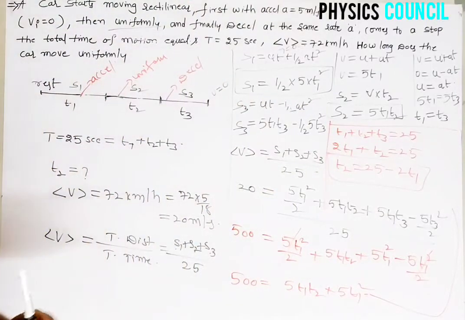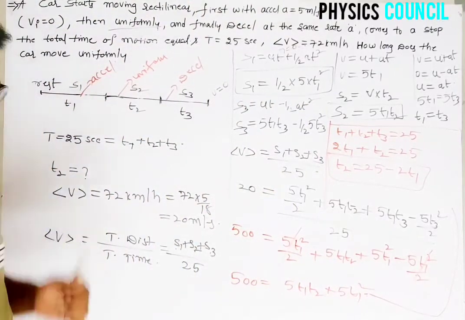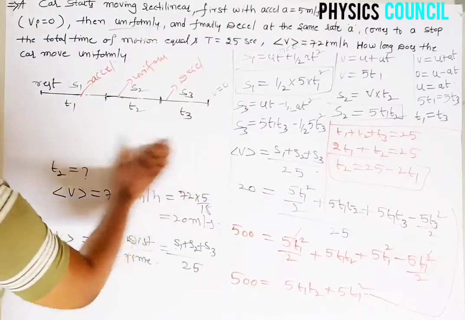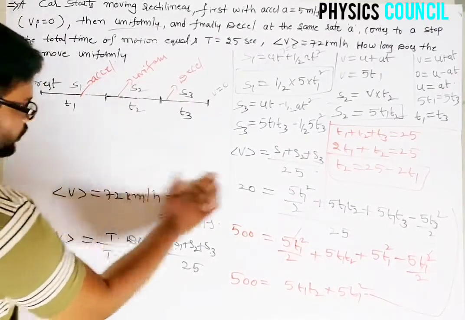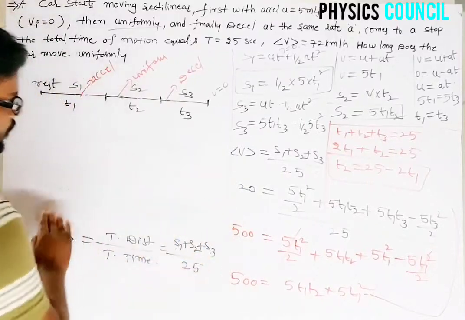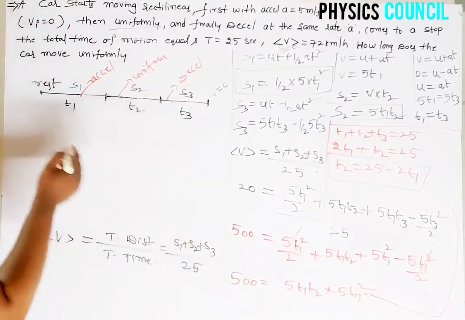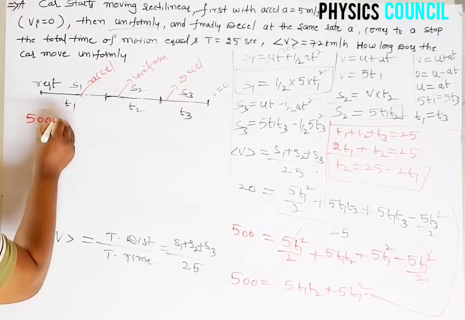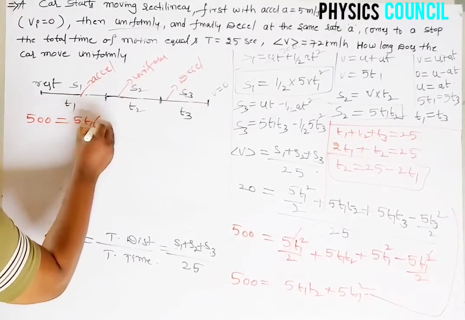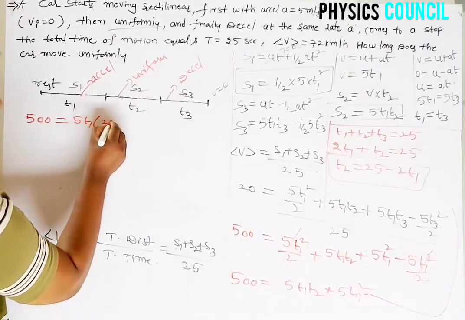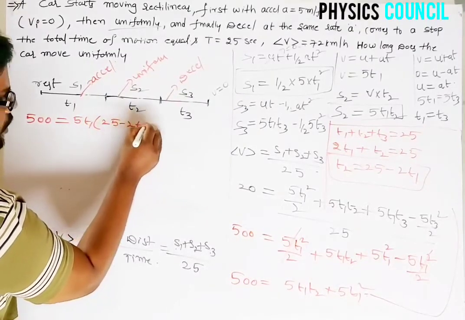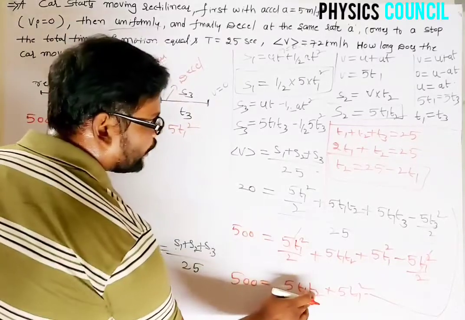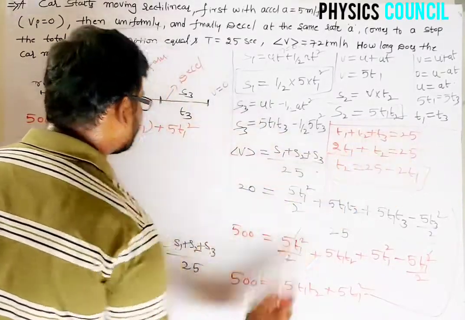Right? So now I am going to remove this section. So now 500 is equal to 5t1 into (25 minus 2t1) plus 5t1 square. Why? Because t2 means here 25 minus 2t1.